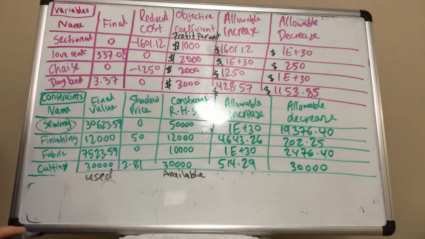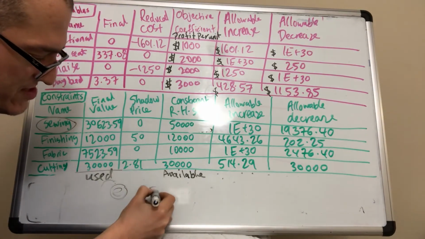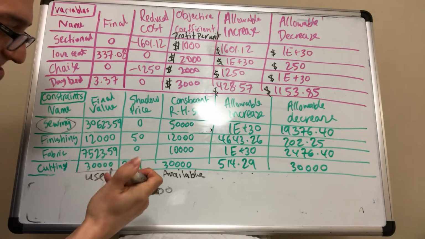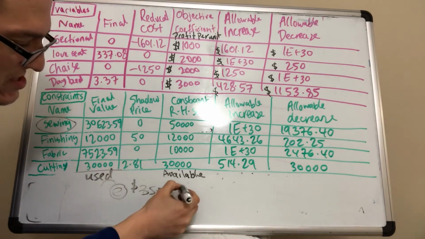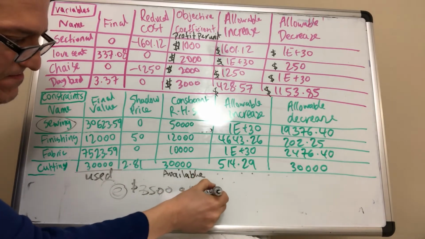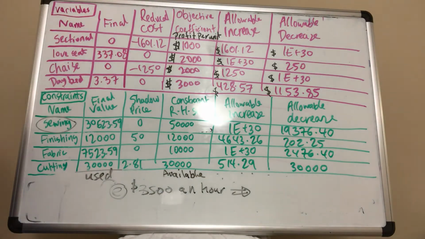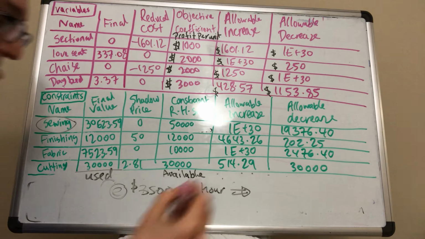So when they say in E that you get 3,500 an hour, let's see how much this is a minute.